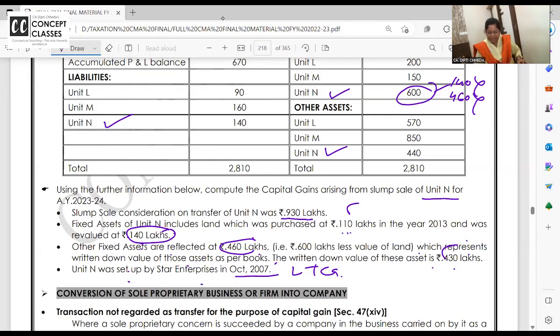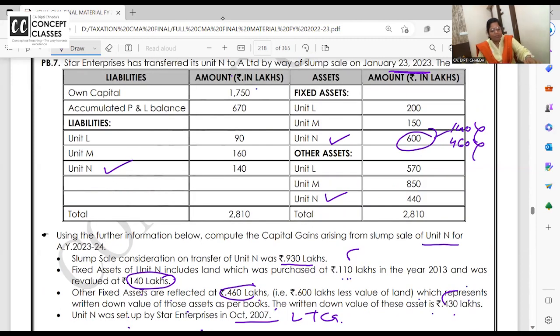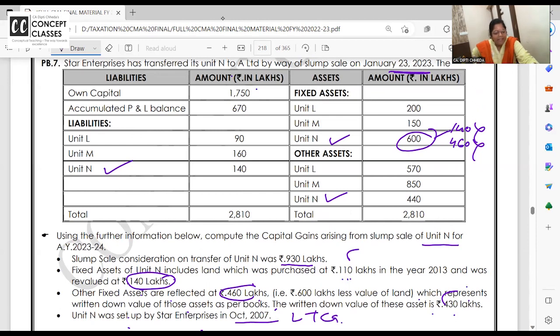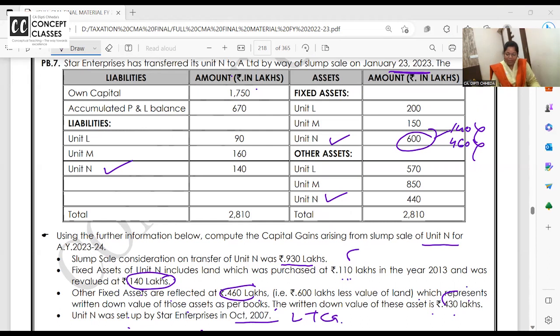How much is the answer? It's a very simple problem and you have to do it in lakhs. Assets minus liabilities is your net worth; you deduct that and you get the capital gain. So how much is it coming? What else?